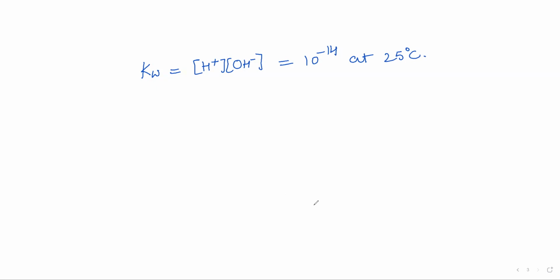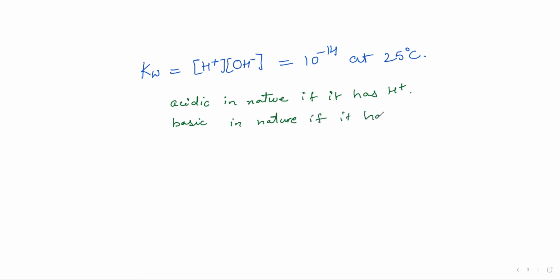Now you need to remember a few things. What is a neutral solution? Neither acidic nor basic. A solution would be acidic in nature if it has H positive, and a solution would be basic in nature if it has OH negative, correct?